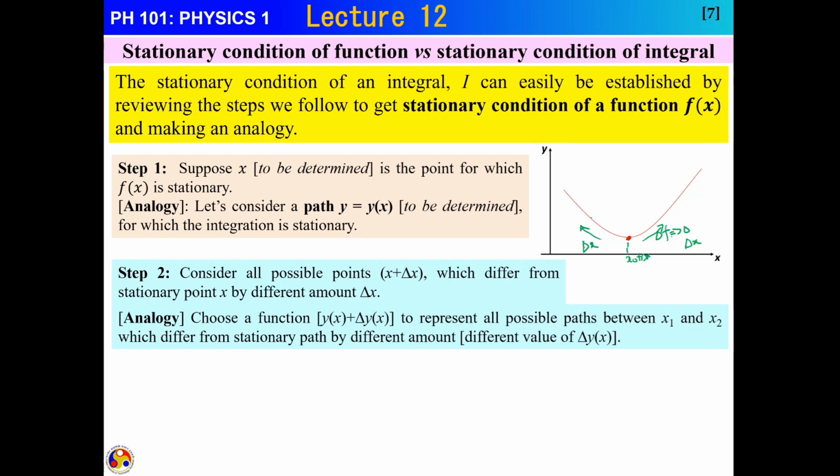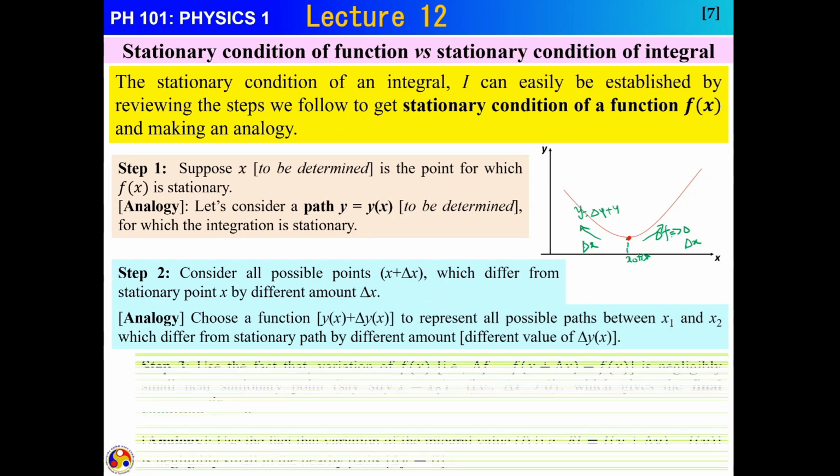So the value of y will be increased by delta y from the original value this way. That's what we are saying, that it will differ by the value of delta y of x.